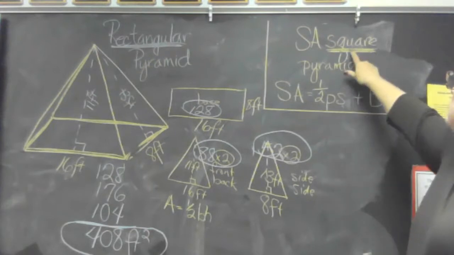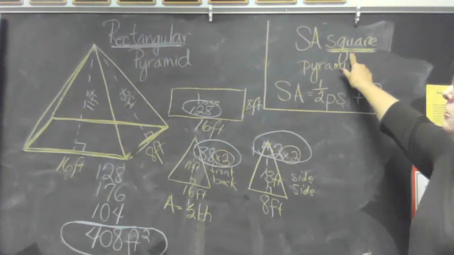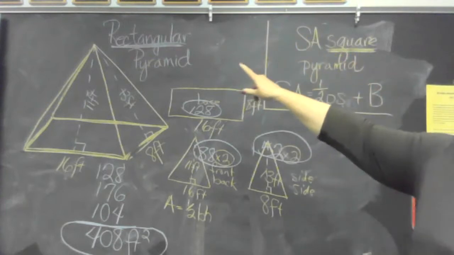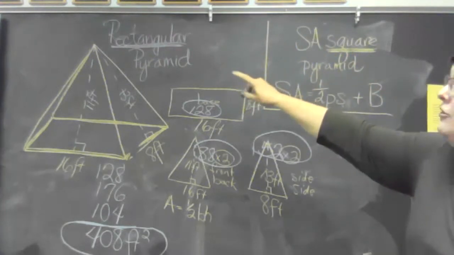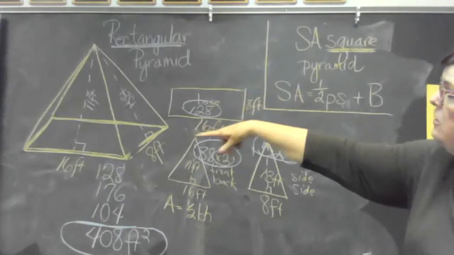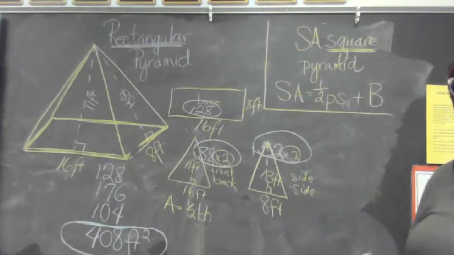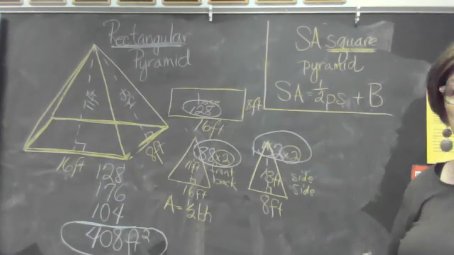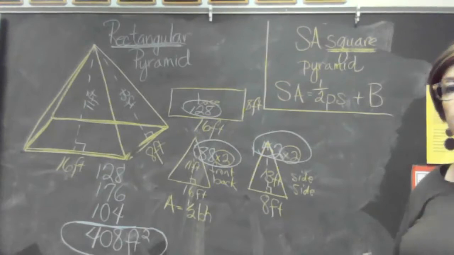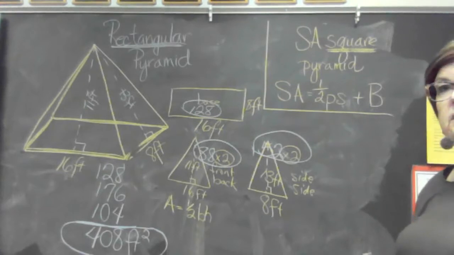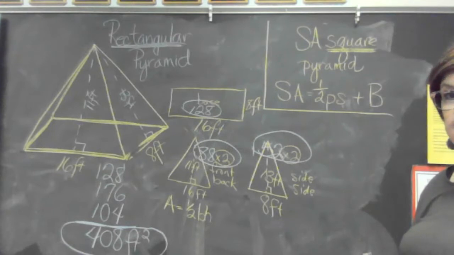That means all the sides are equal, which means all the slant heights are going to be equal. But when we hit the rectangular pyramid, all the sides of the base are not equal, which means all of the slant heights are different. So in a rectangular pyramid, you're going to have to take it apart and find the area of each individual piece, then add them together. Any questions?